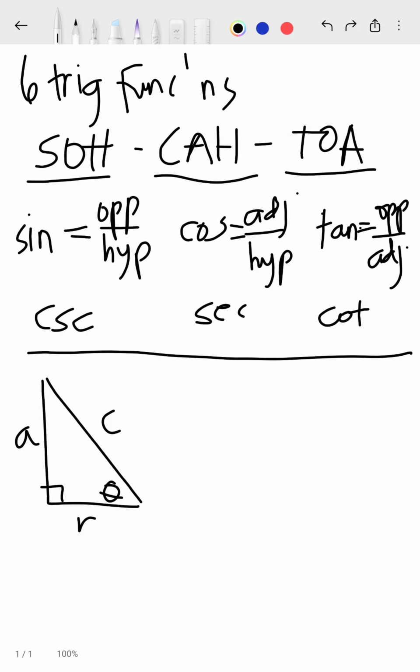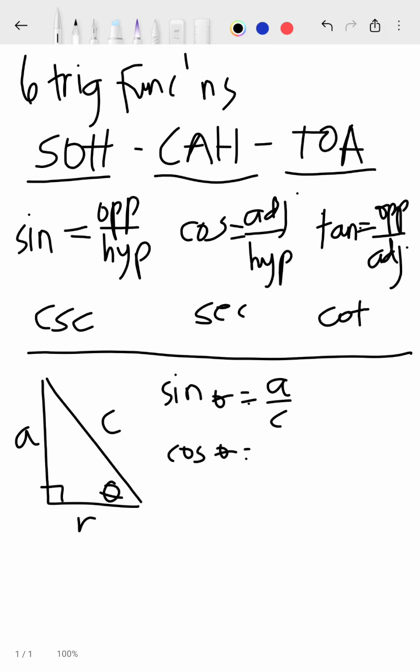Given this triangle, so what is sine theta? Sine theta, sabi nga, ano si sine? Opposite over hypotenuse. So, if this is your theta, ang opposite niya ay si A at ang hypotenuse niya ay si C. So, ang magiging sagot natin kay sine theta is A over C. How about cosine theta?